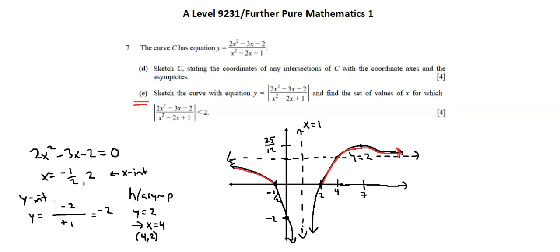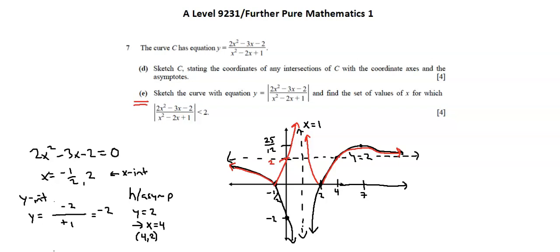Those parts of the graph will continue to be part of the absolute value graph. And then the negative y values will reflect up through the x-axis, with an intersection with the y-axis at y equals 2. At x equals 2, we reflect through the x-axis, approaching but not touching x equals 1.